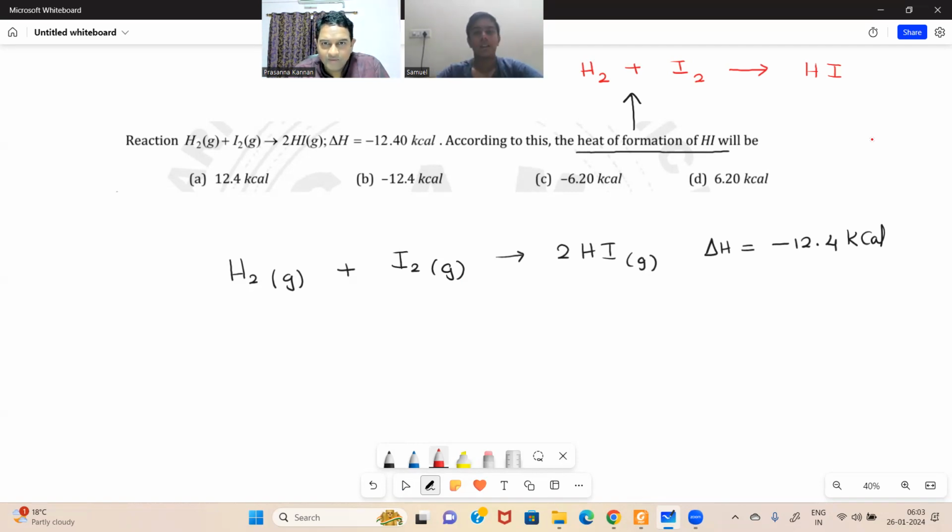The heat change involved in formation of 1 mole of HI. Repeat that part again. 1 mole of HI.